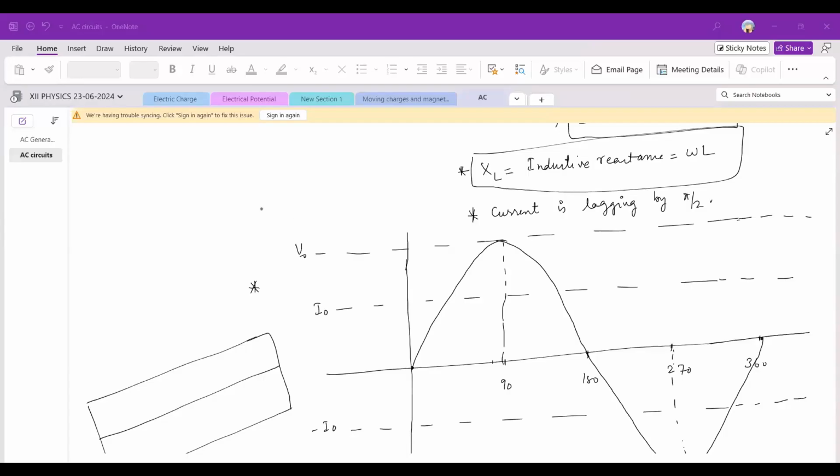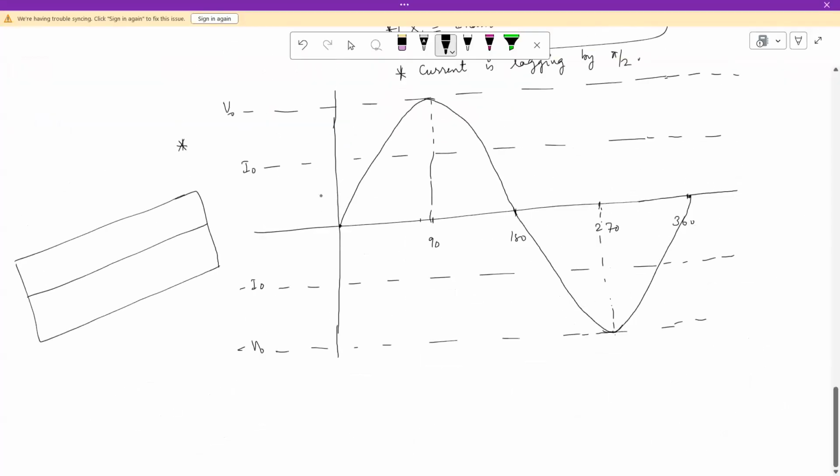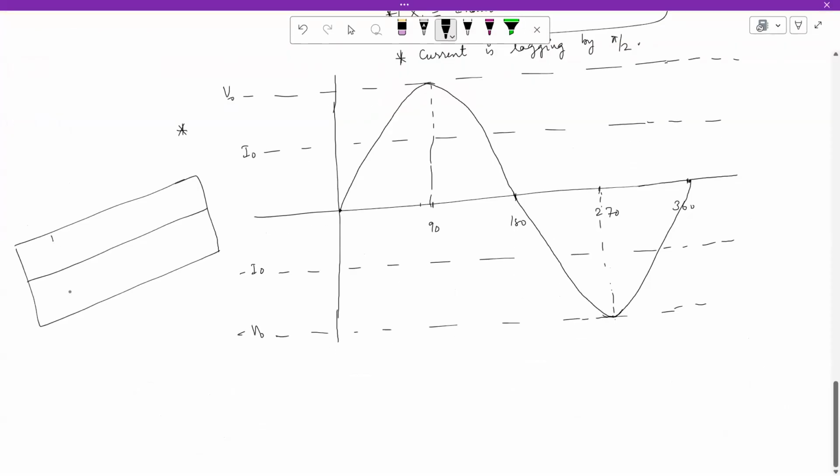Okay, so let us write the values. This function is minus cos omega t, or I naught.